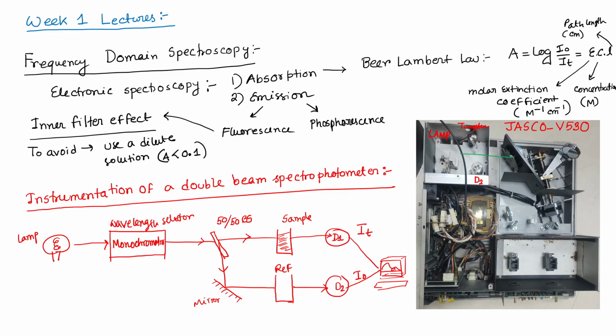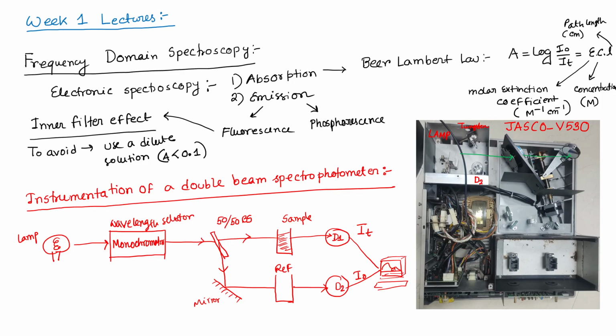There is a filter wheel; you can use different kinds of filters of your choice, or suppose it is empty. Then there is a slit, and it will fall onto a concave mirror. This is not just a mirror, this is a monochromator. It has several gratings.